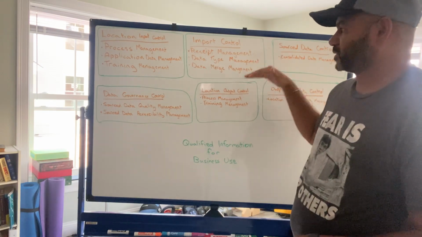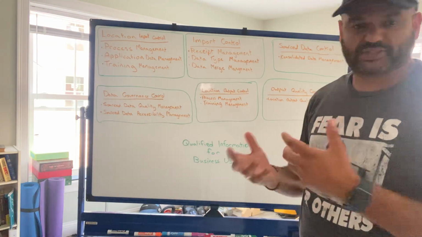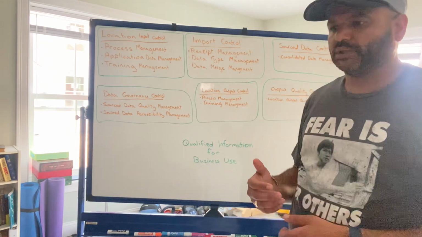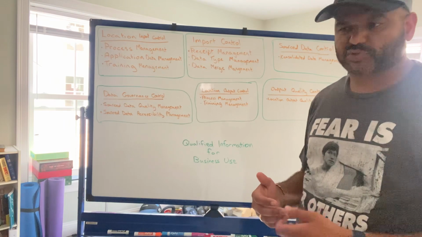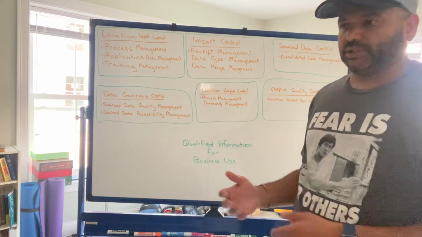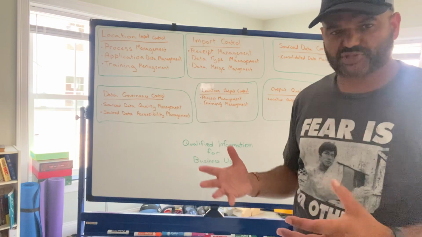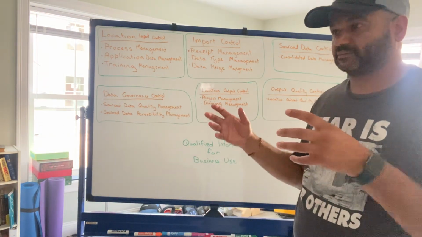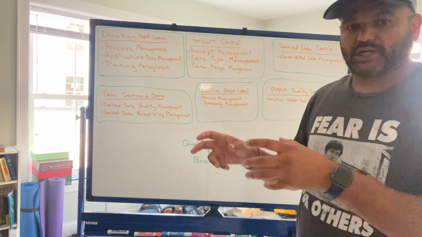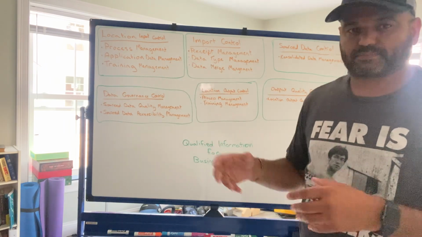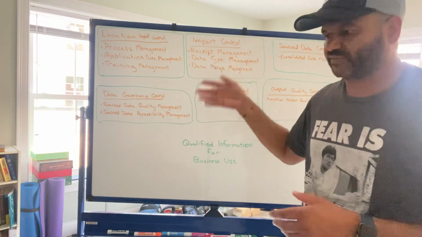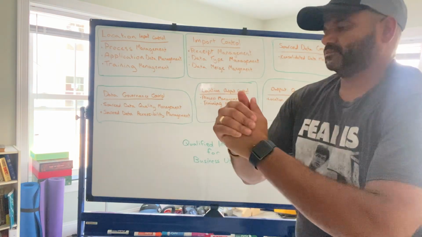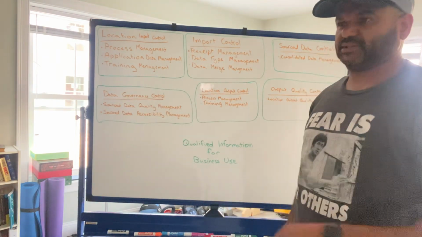Then data type management. That's basically looking at the data and making sure that the data types are correct. If it's supposed to be a numerical value, it should be a numerical value. If it's supposed to be a text value, it should be a text value, according to whatever the business use is going to be. Data merge management is just making sure that if we've got things coming from different applications, let's say in this case services, a model type that's in there.